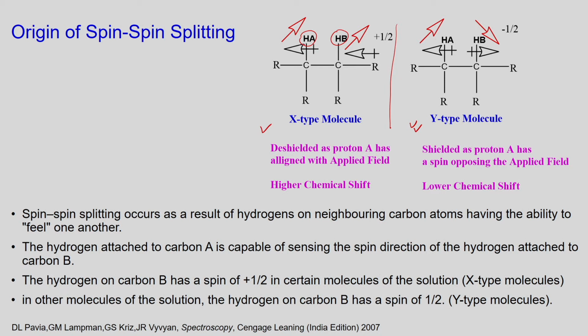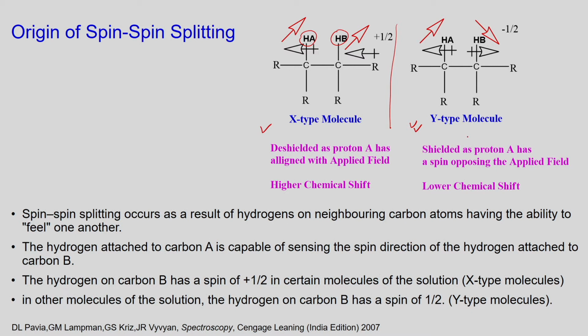In this case HA is sensing the proton HB. Now the spin of that proton will be affected by the spin HA possesses. If HB has the same spin as HA, plus half, they will try to align with the magnetic field, so they will be deshielded. If deshielded, they will show at a higher chemical shift.